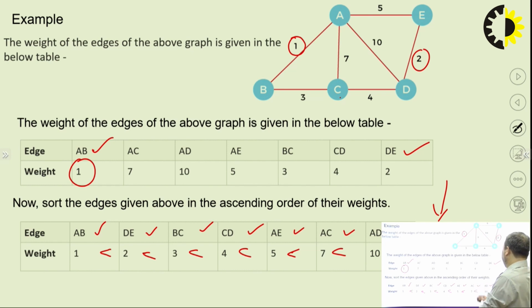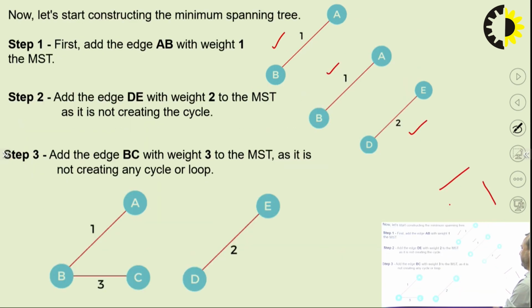Just we have to find whether adding an edge causes a cycle or not. So let's identify CD. Even if we add this CD, it will not cause any cycle. So we can add. Suppose if we add AC, this will create a cycle. So we will not add AC.